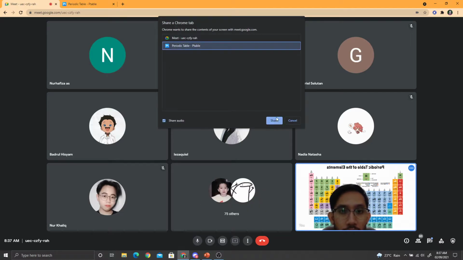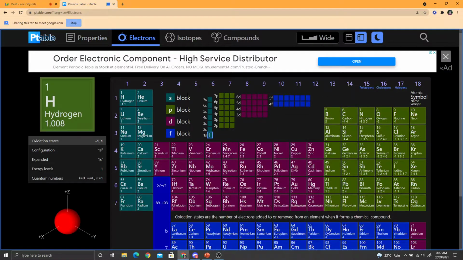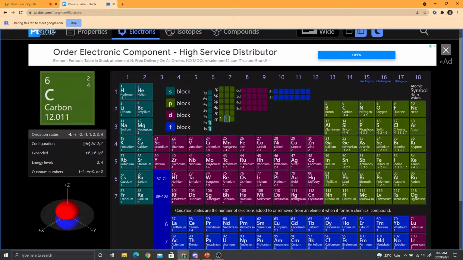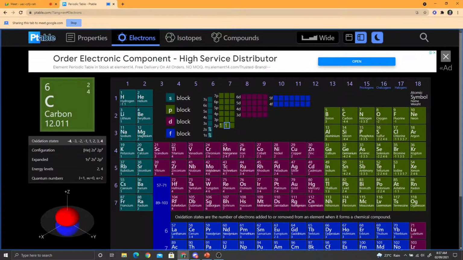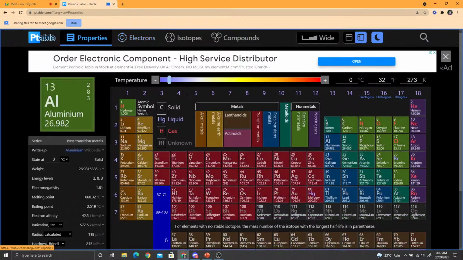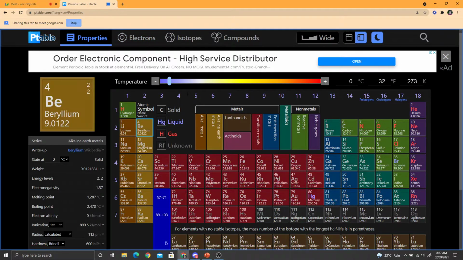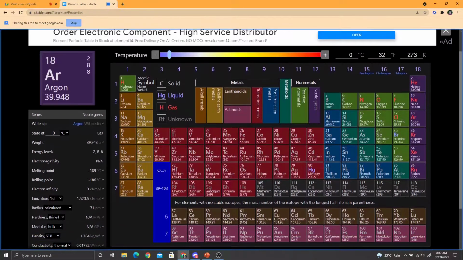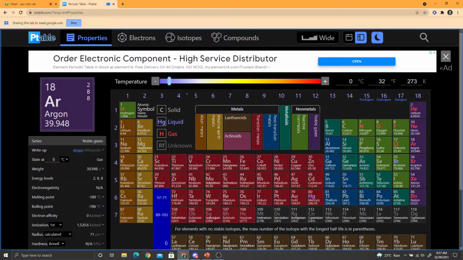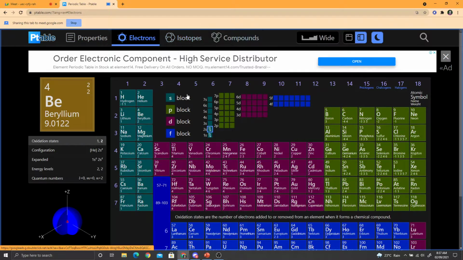You can look at the interactive periodic table that I gave. If you see that across the period, the size decreases.